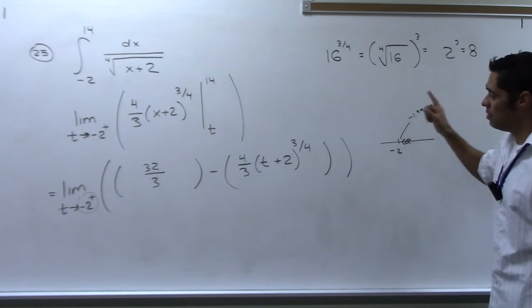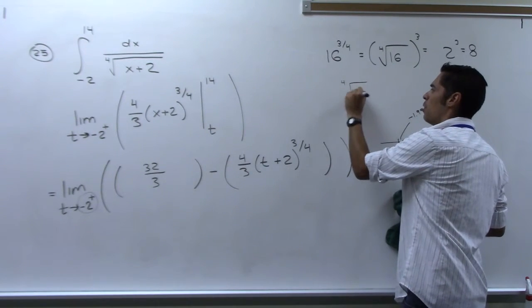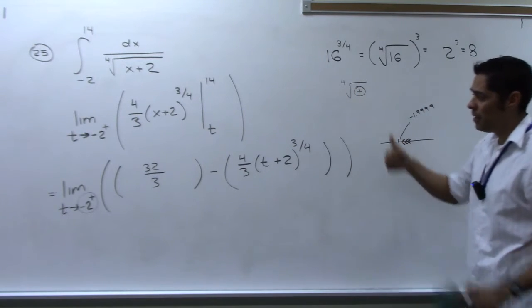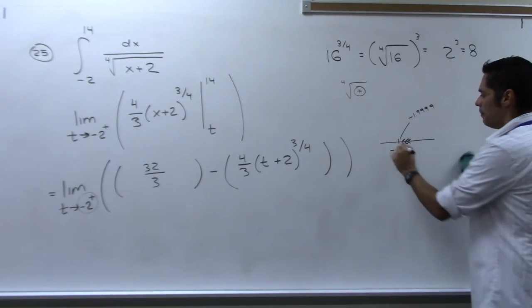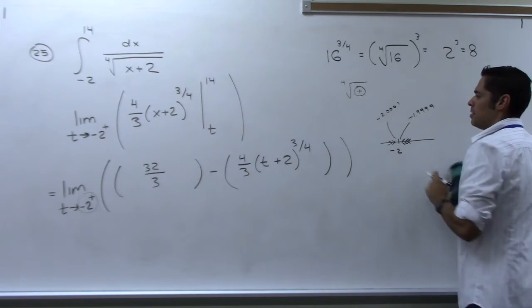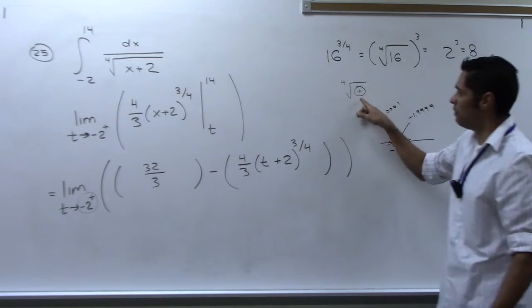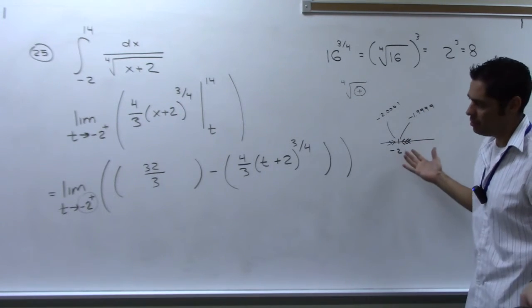And that's good because I'm going to be taking the fourth root of it. If I was coming in the other way, like -2.0001, let's say, then when I plug that in here, I'm going to get a little negative number, and I cannot take the fourth root of a negative number.